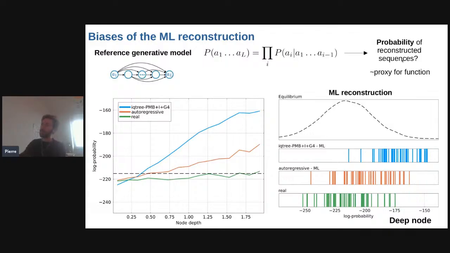So what I mean by this is that ML reconstruction is biased, and you can measure it using these generative models. It's biased in the sense that it generates sequences that are too good according to the model. They have a very high probability, but you're unlikely to see them in a sample because they're actually too good.